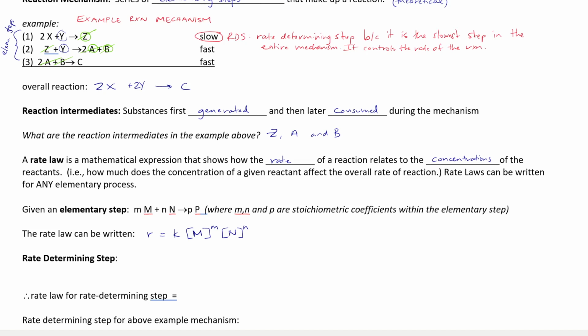Where m and n are the stoichiometric coefficients, and M and N are the concentrations of reactants in that elementary step.